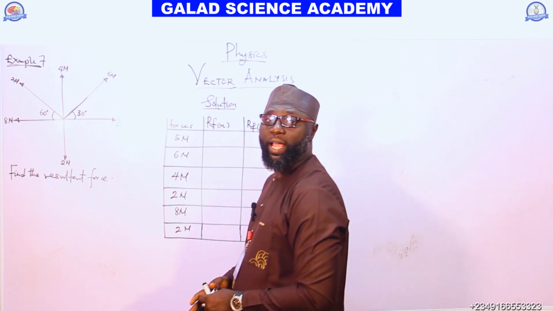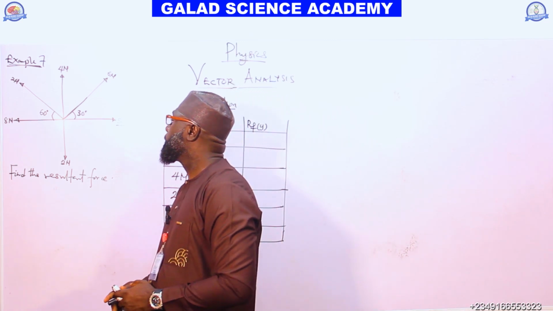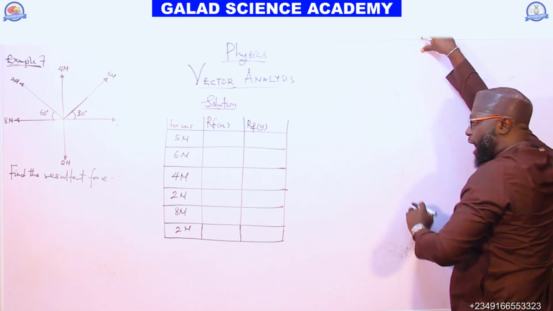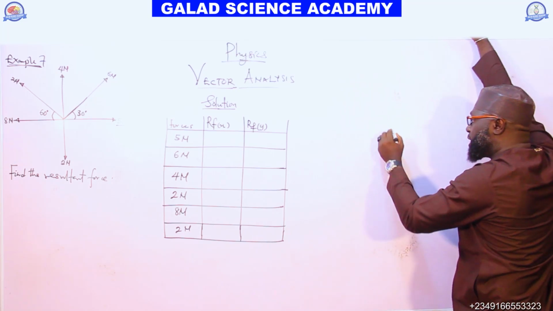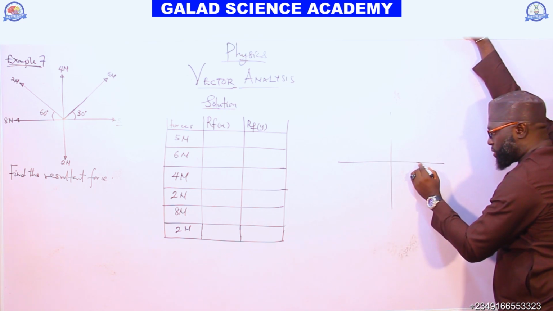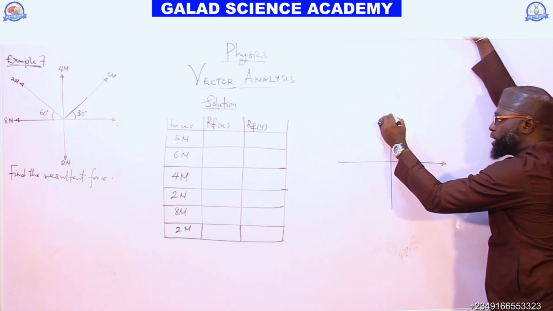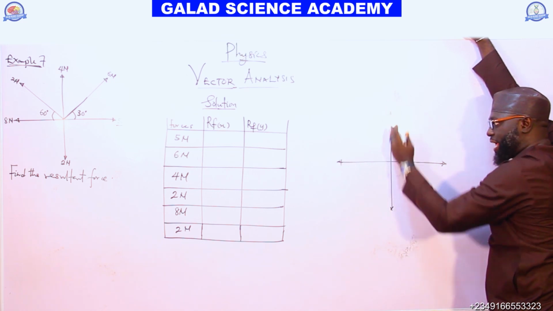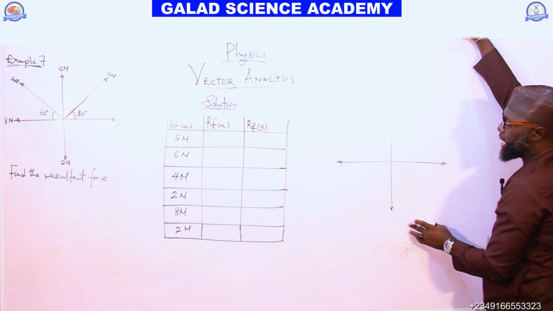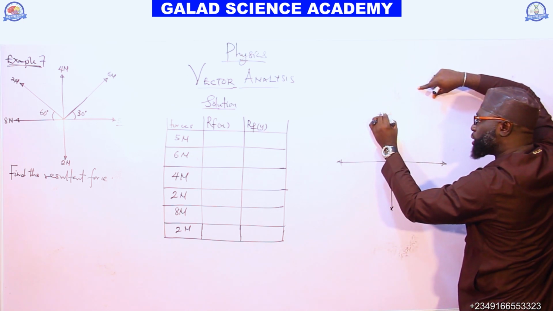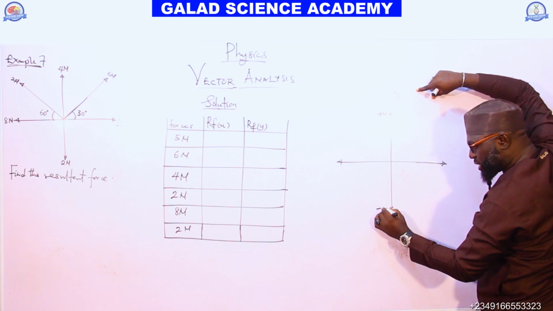So now you apply resolution of forces here. If you still remember the graph in mathematics, we have 2 coordinates. The vertical line here is the y-axis, and the upper part of the y-axis we call positive y. Here we call it negative y.